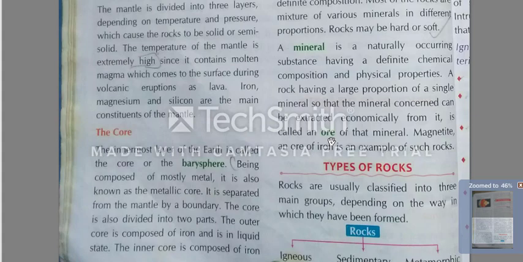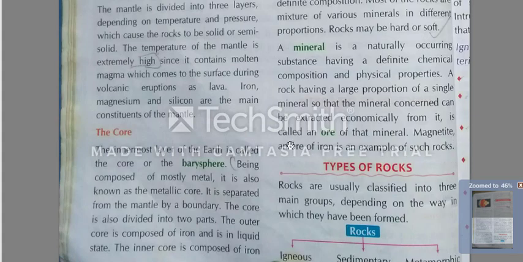A rock or earth from which metal can be taken, that is called ore. Magnetite is an ore of iron, an example of such rocks. Clear?